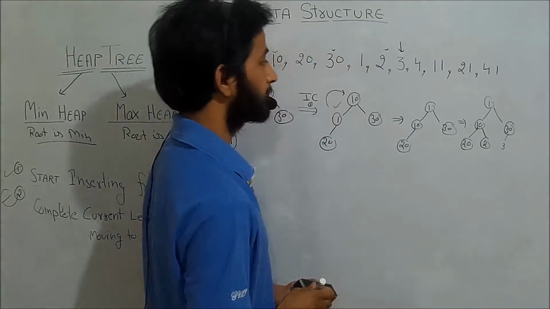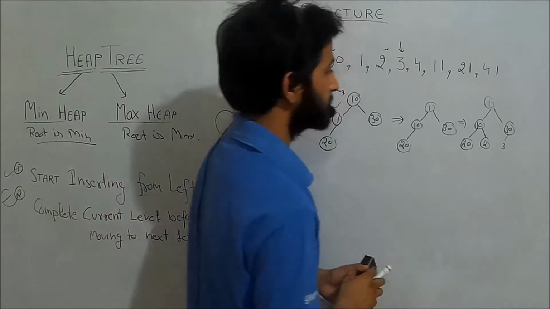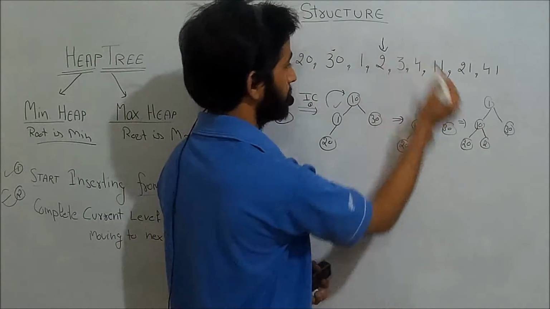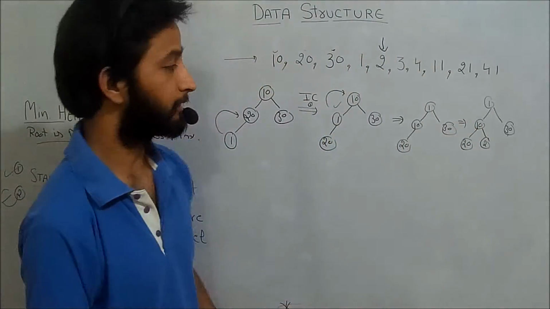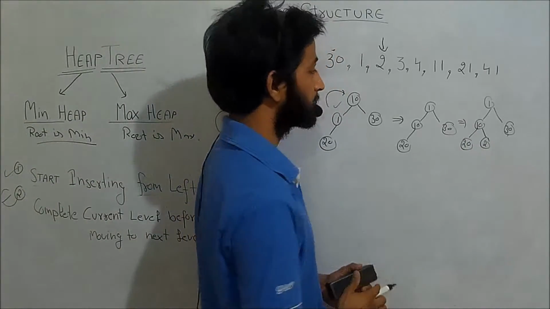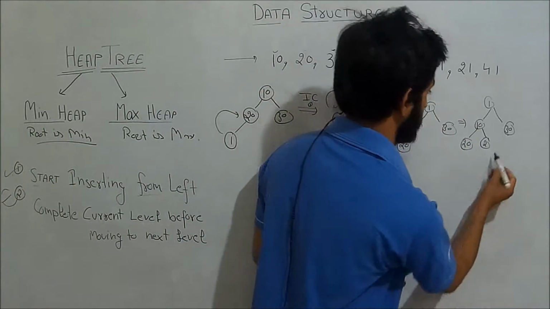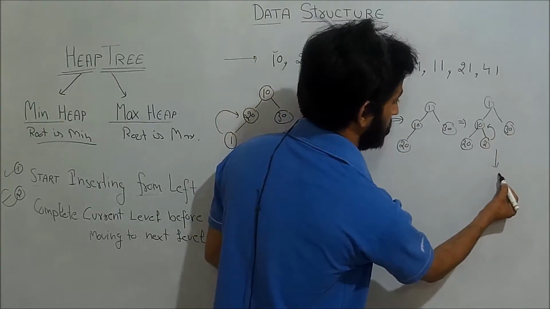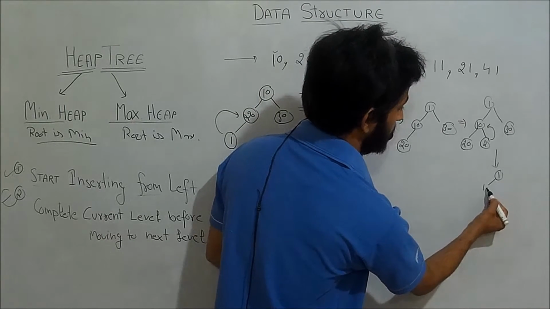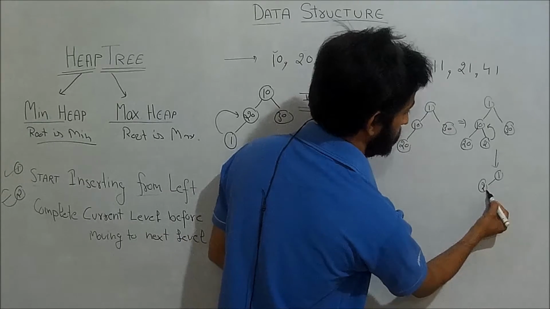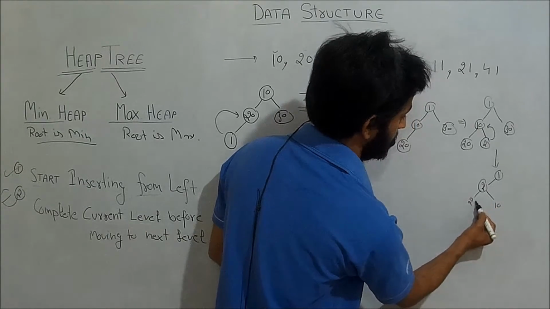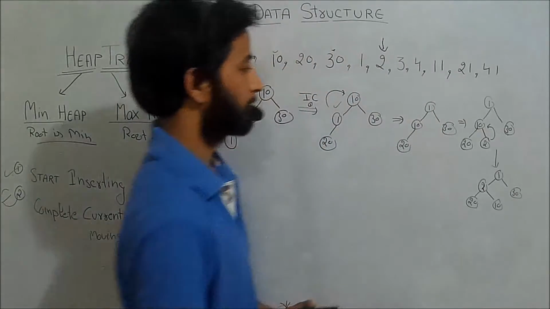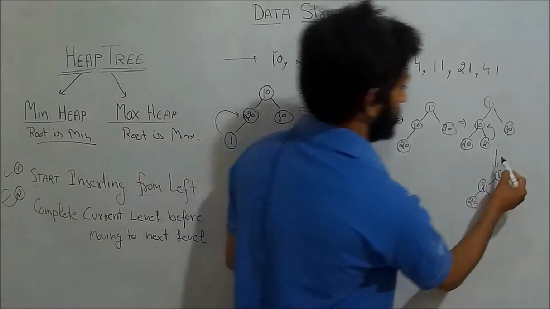But before inserting 3 here I am facing an issue. Let us rewind. 2 here, check here. The condition is the root should be minimum, but the case is the root is maximum, so I have to perform the interchange here. After performing the interchange, the resultant tree will be 2, 10 and 20, and to this side is 30.